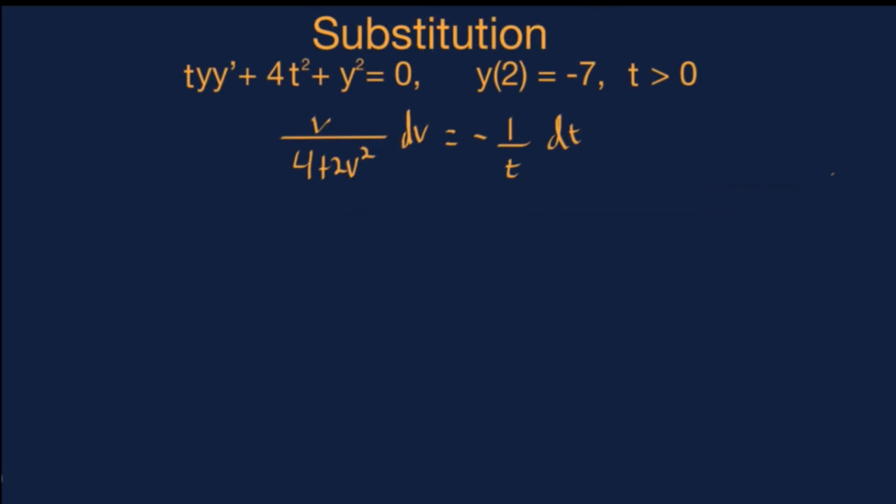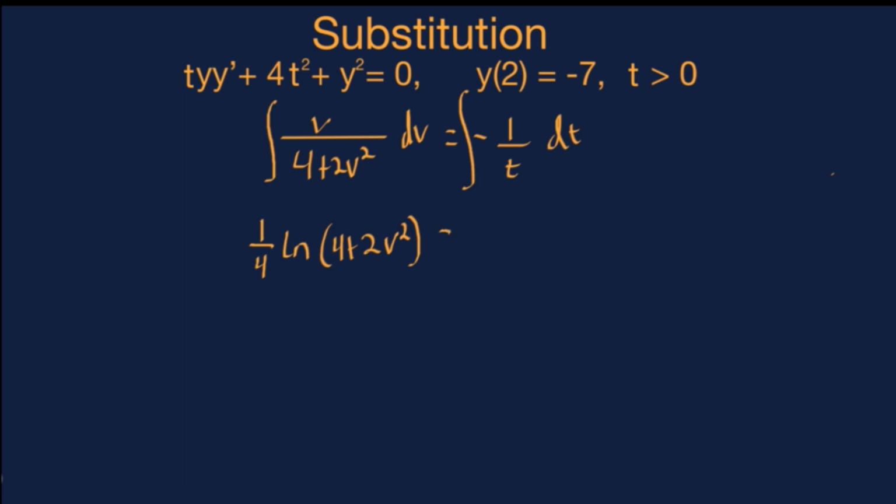So now that we have our equations separated, we can integrate both sides. And when we do that, we get 1/4 times the natural log of 4 plus 2v squared.